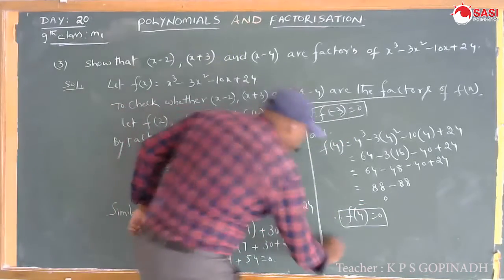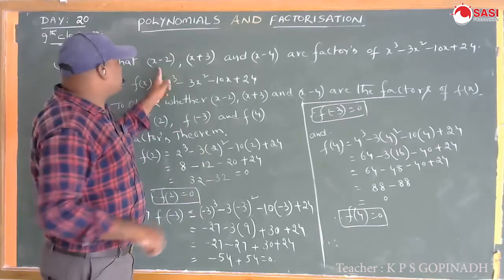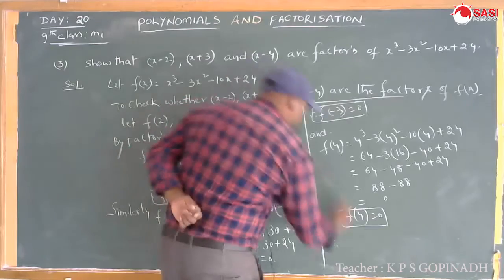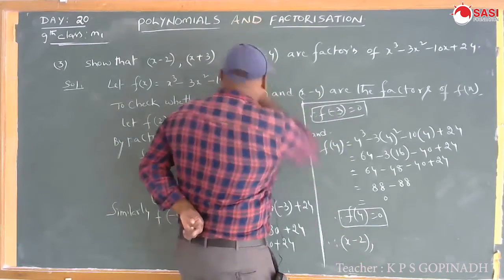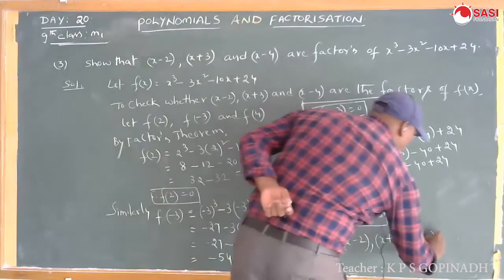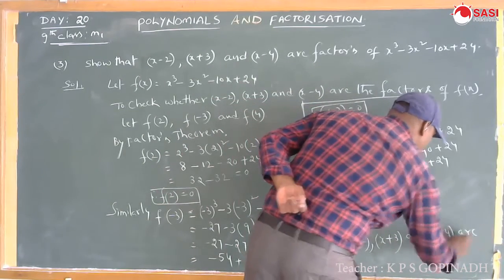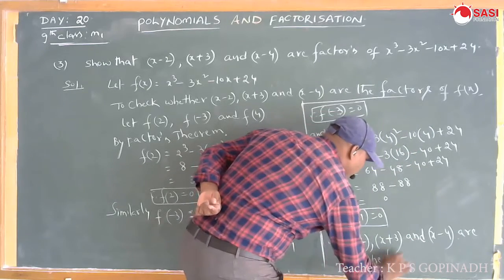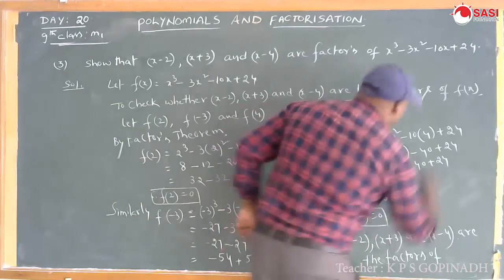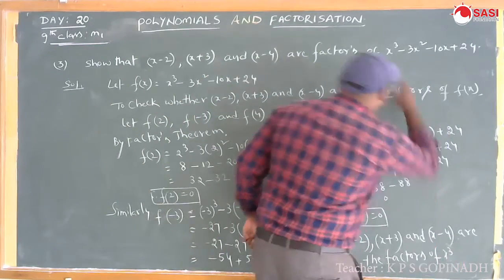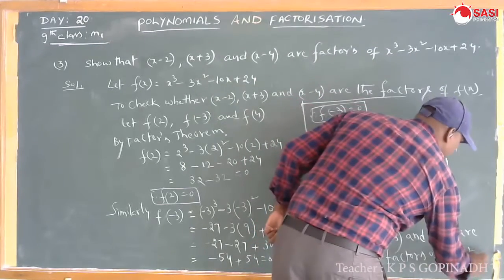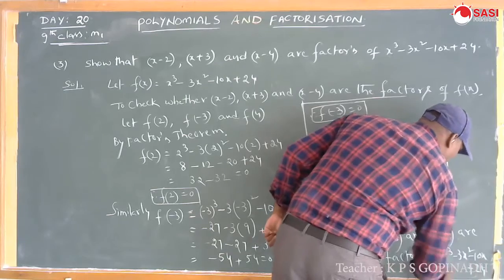So what do you understand finally? x minus 2, x plus 3 and x minus 4 are the factors of the given polynomial, factors of x cube minus 3x square minus 10x plus 24.